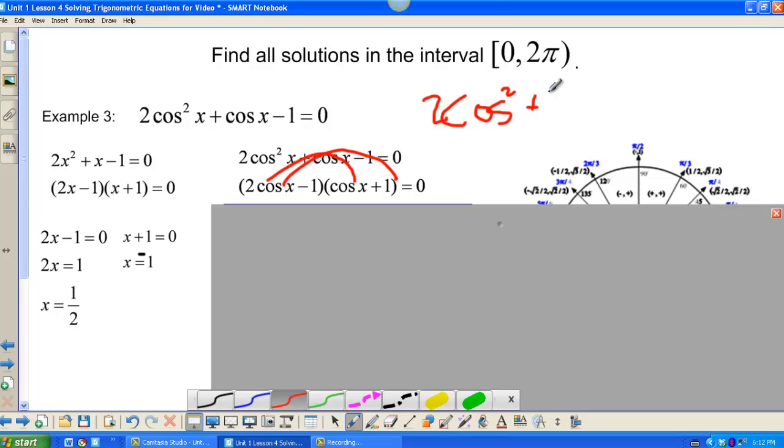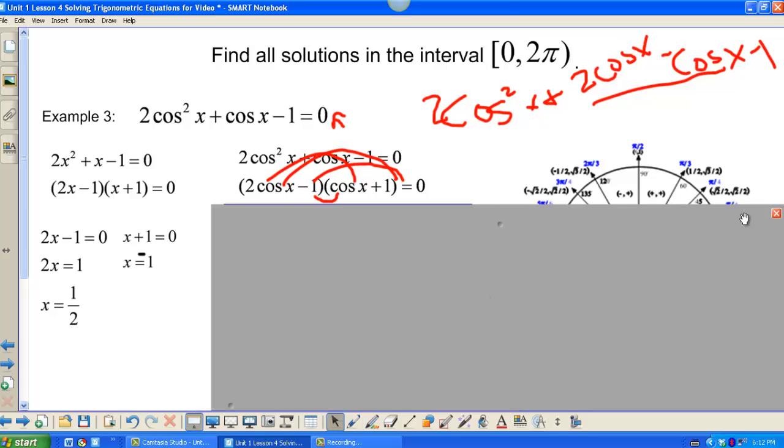My outer terms would yield plus 2 cosine x. My inner term would yield a negative cosine x. And my last would yield a minus 1. So when I combine the like terms in the middle, I get exactly the equation I started with.